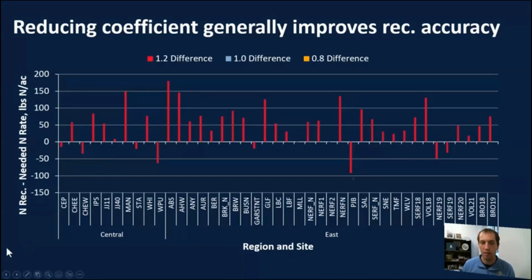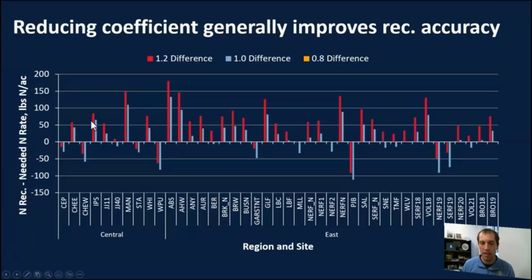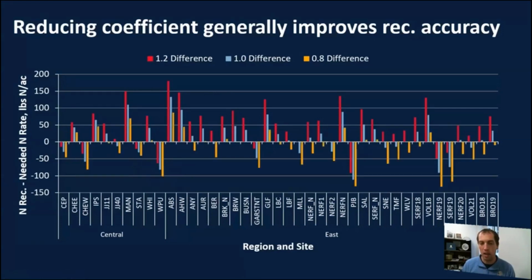So if we do that, we see in these sites up here that are overestimating nitrogen needs, we get closer. Those sites that are below the line that are underestimating using 1.2, we're getting farther away from 0, which isn't what we want. So if we do 0.8, we see that some of these sites above are getting closer. Some, such as these ones over here, are starting to get below the line, which is not what we want to see. And those ones that are already underestimating are getting even further.